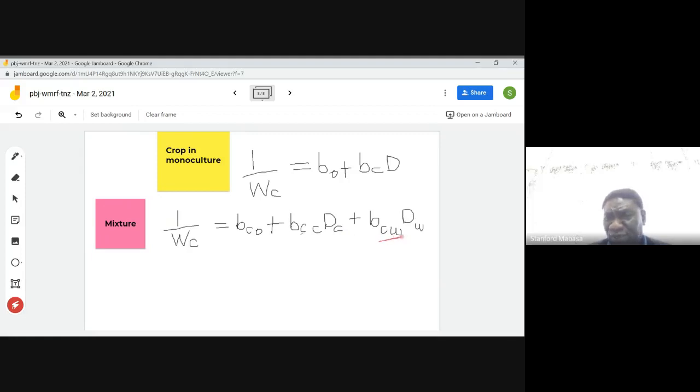Now, this one is the slope of the wheat, BCW. We have used those small letters as a label for the slope of the wheat. And this is the density of the wheat in the mixture, DW, and its corresponding slope. This is the density of the crop with its corresponding slope.